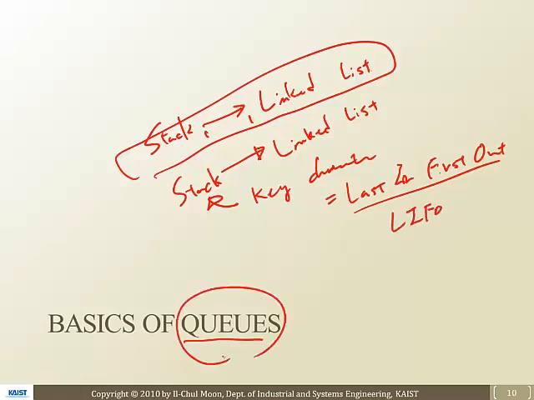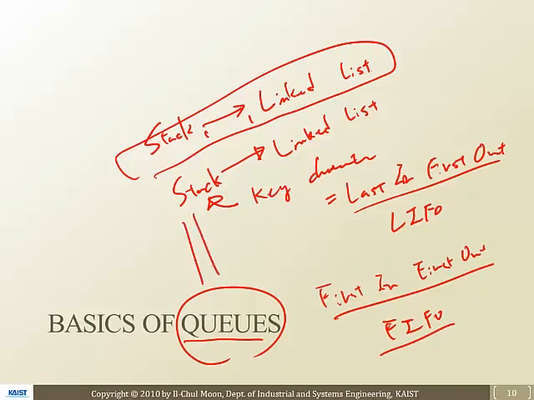And what we are going to cover in this lecture is the queue, and the queue has first in, first out, called the FIFO characteristic. So it's kind of the opposite concept to the stack.